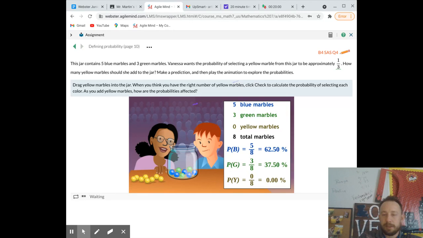All right. So it says drag those yellow marbles into that jar. When you think we have the right number of yellow marbles, click to calculate the probability of selecting a color. As we add yellow marbles, how are the probabilities affected? So what's going to happen when I put 1 in here?